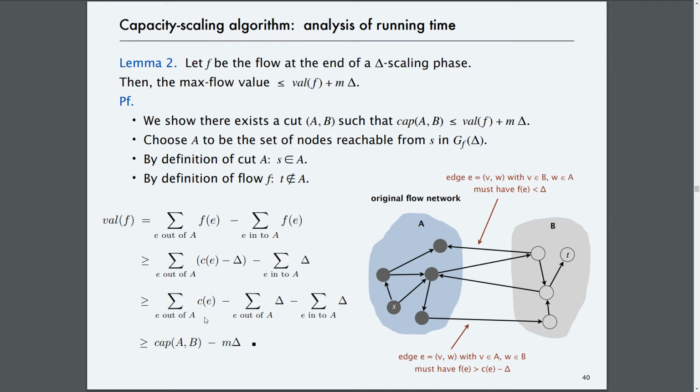So then we have the sum of all the capacities of the edges going out of A. We subtract a delta for each edge going out of A, and then also subtract delta for each edge going into A. So that's all the edges here.